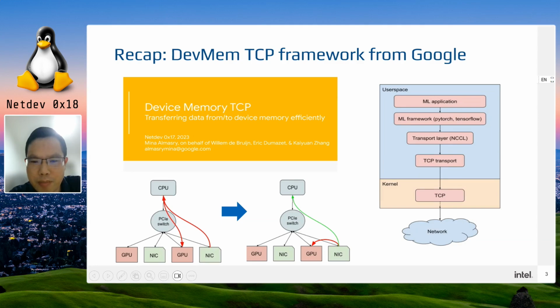If you can see my mouse, this is the red line from the NIC to the GPU. In their talk, they also introduced their AI software stack, including the modification for the kernel TCP and also the NCCL TCP transport.